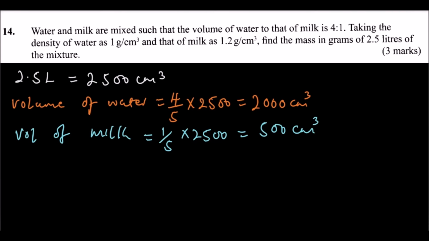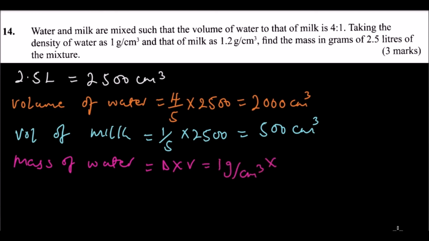If we want to get the mass of water, to get mass we multiply density by the volume. So the density of water is 1 gram per centimeter cube.